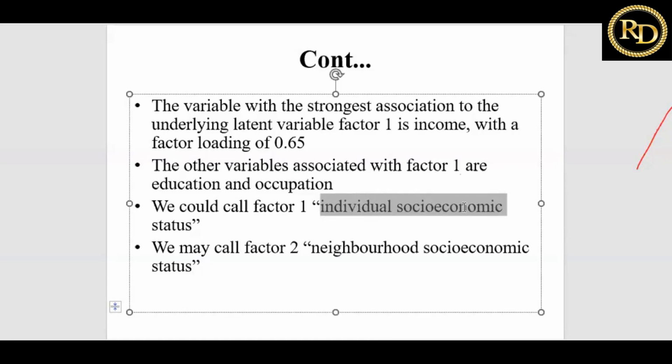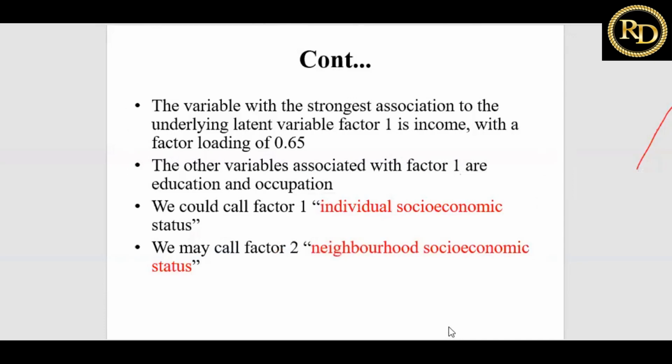This you can give for one factor, and this can go for your next factor. All right, so this way you can give the naming to your factors. Similarly, you can find out what is the better way to give the name of your factors.